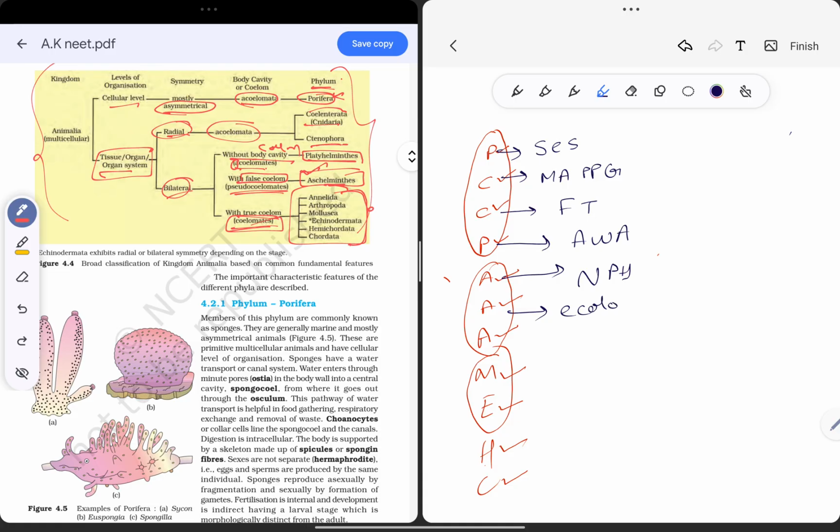Annelida is ecological importance. The other FT. Wait a second, guys. I made a mistake. So sorry. CP, FP.